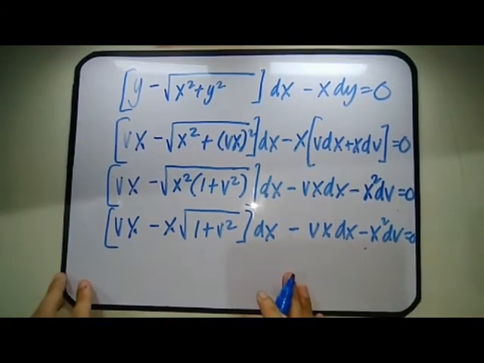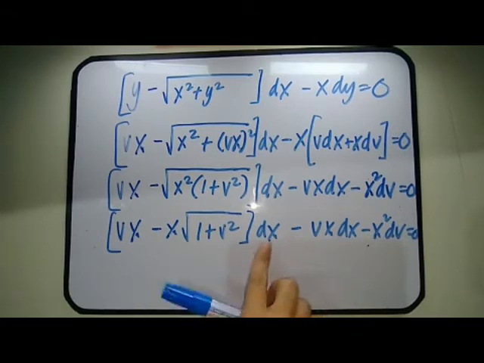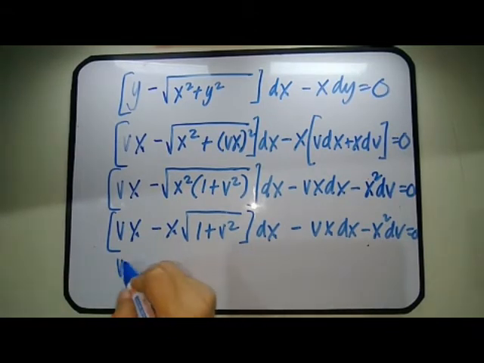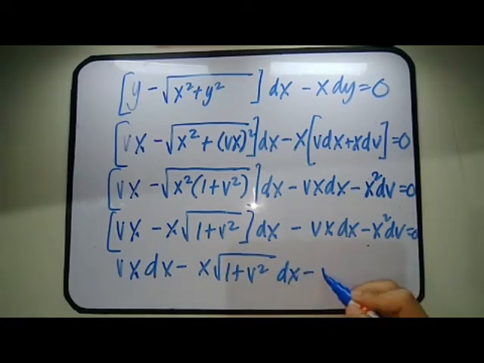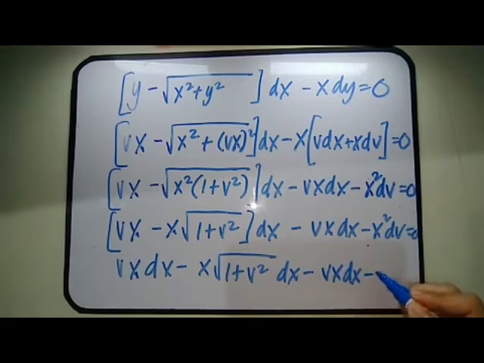Then further simplifying. So, i-simplify pa natin. So, ito, i-multiply na natin siya. So, vx dx minus, so x square root of 1 plus v squared dx minus vx dx minus x squared dv equals 0. So, ito guys, so vx dx minus vx dx. So, 0 na siya. So, ito lang matitira.